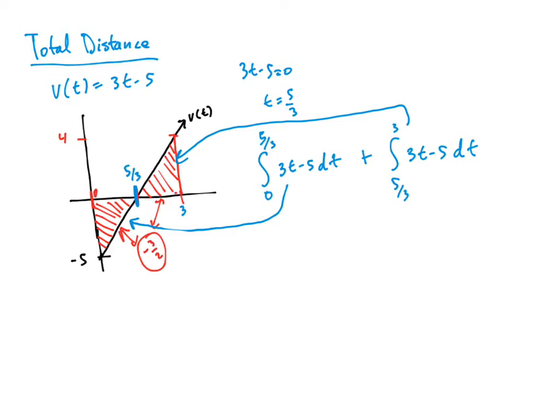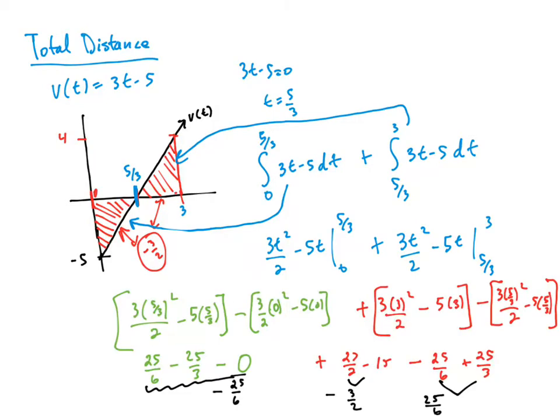So let's go ahead and evaluate. We end up with 3t squared over 2 minus 5t from 0 to 5/3 plus the same antiderivative from 5/3 to 3. Okay, so doing all the evaluations and simplifying this down, I'm at -25/6 minus 3/2. This is plus 25/6.